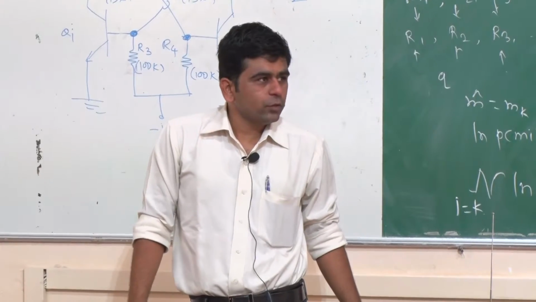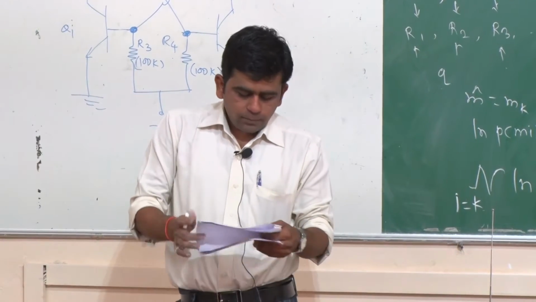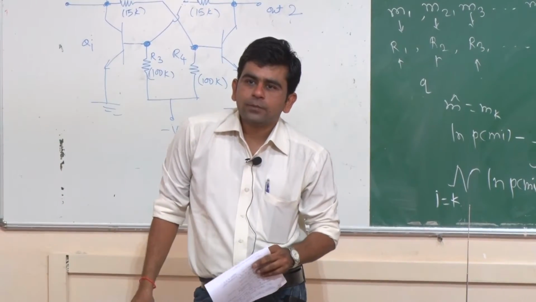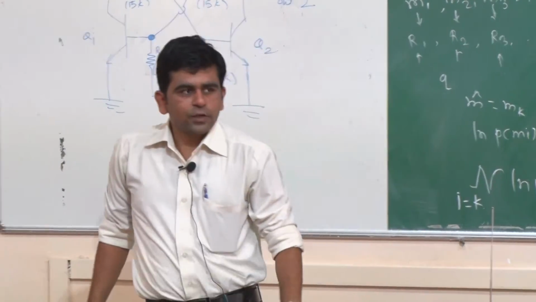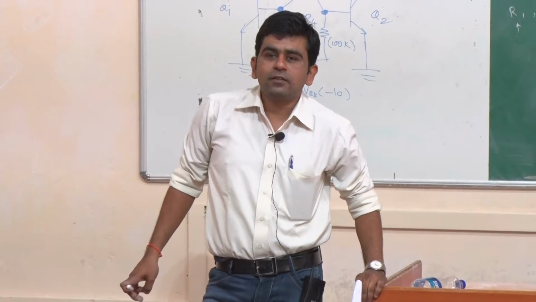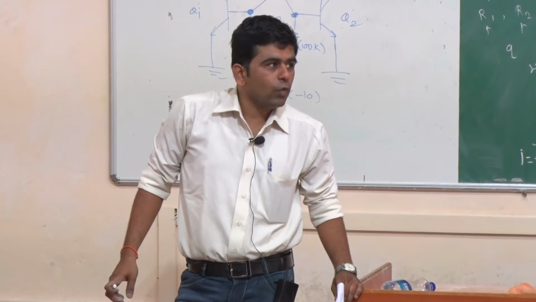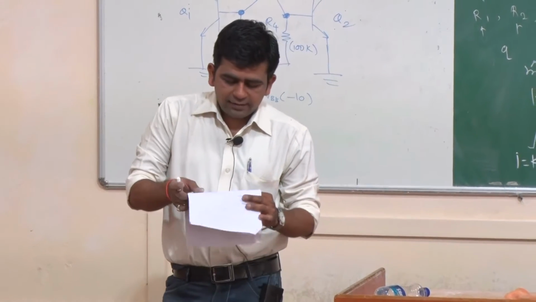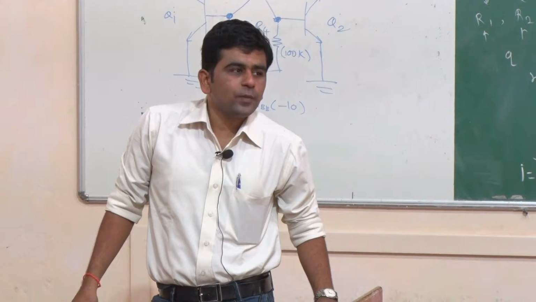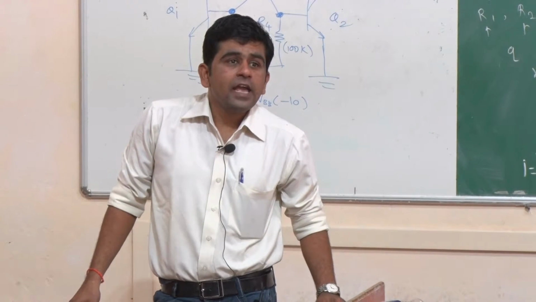Now here we have two cases. First case is equiprobable messages and second case is non-equiprobable messages. First of all, we see case 1, equiprobable messages. That means whatever symbols are transmitted from the transmitter, they are equiprobable.